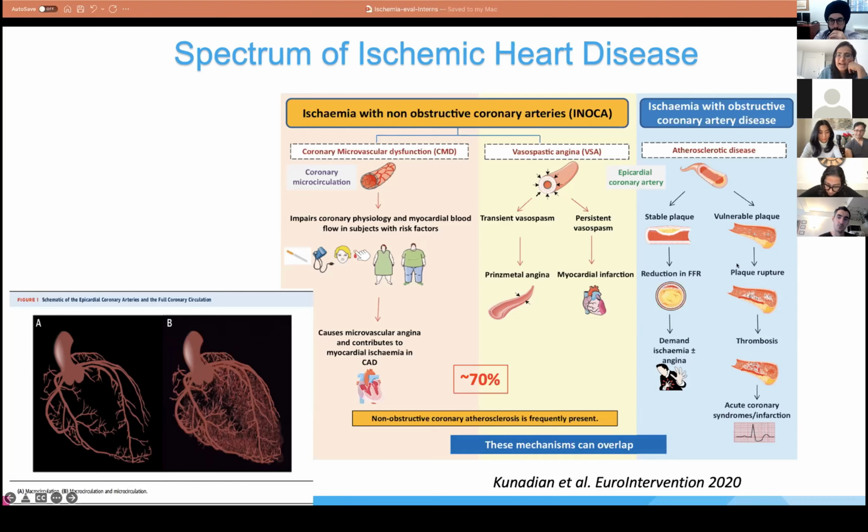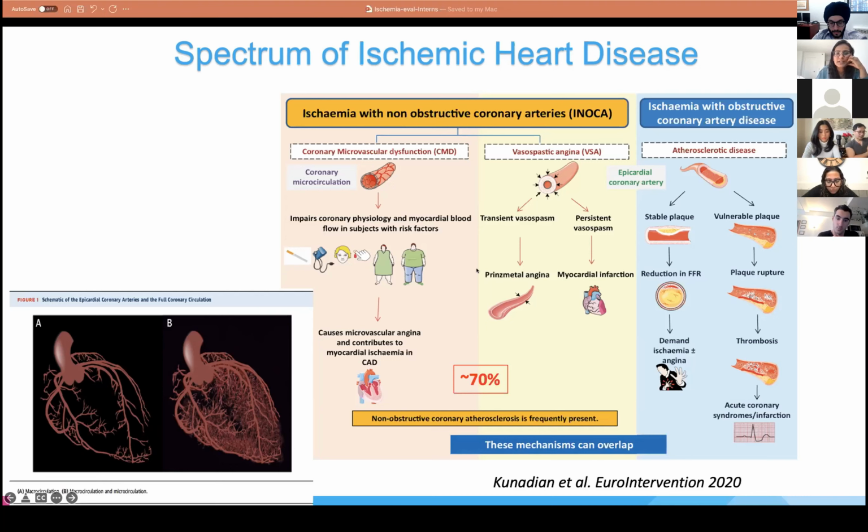What we know now is that this blockage stuff that we talk about only accounts for about 30% of disease. And overall, the majority of the patients with ischemic heart disease actually have disease within the microcirculation, within these small little vessels which we cannot see.